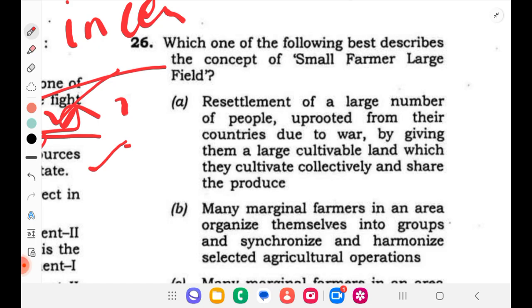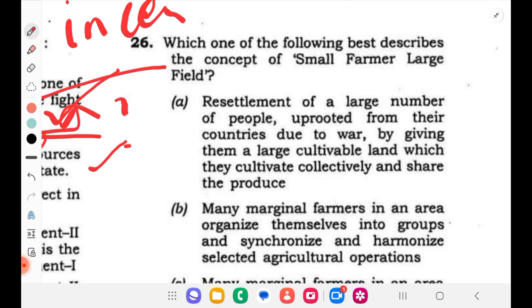Farmers come together to form a large land, so that they have high productivity, achieve economies of scale and enhance productivity. They retain their own individual ownership.